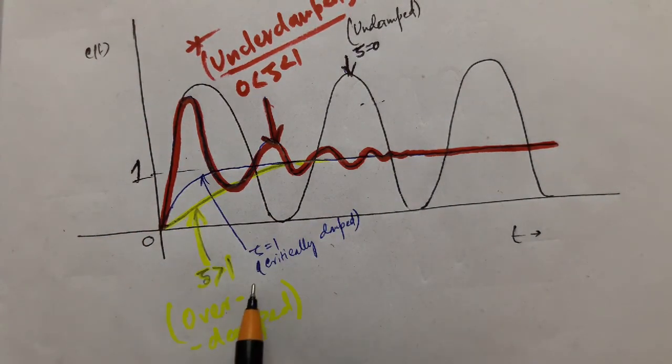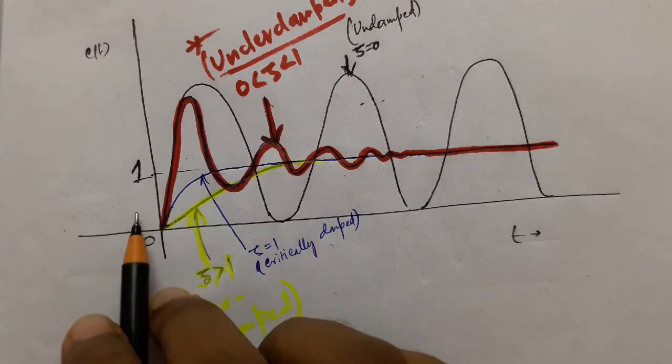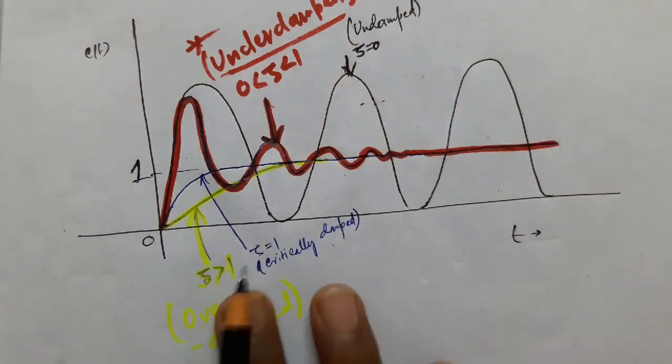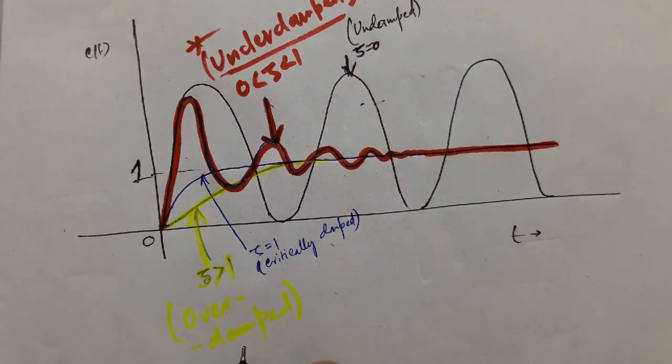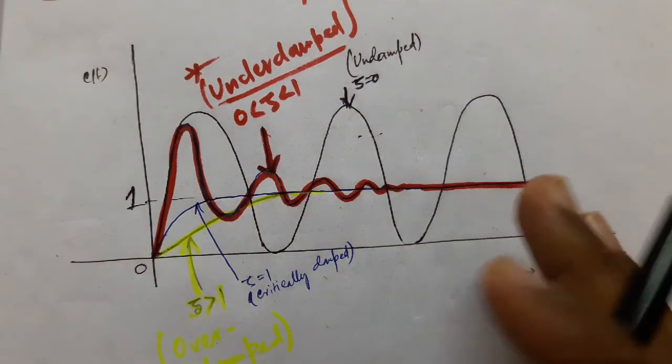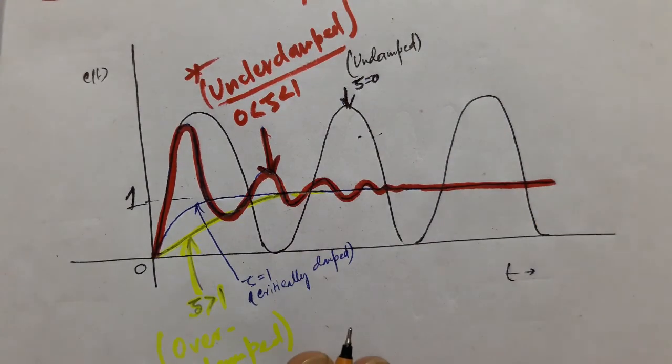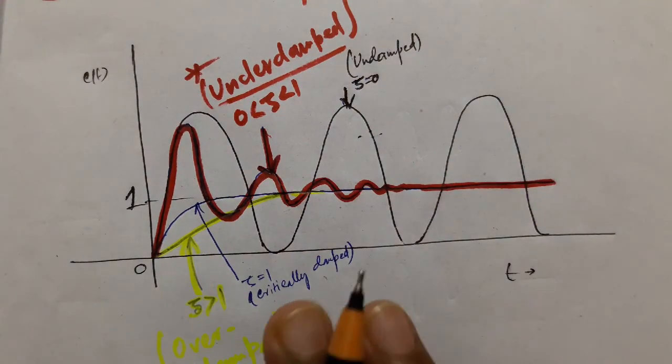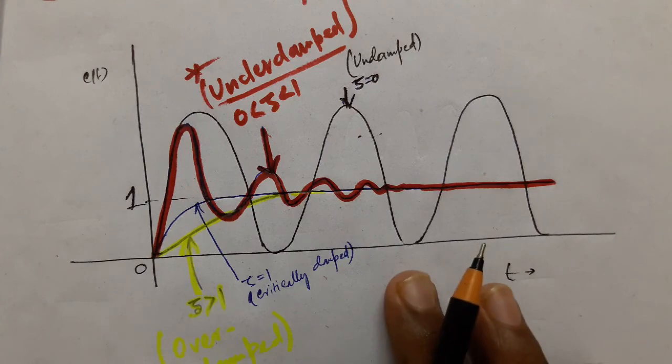And zeta equal to 1 is the critically damped condition. We have discussed this plot before, but I am taking the overall plot. It will be very helpful to understand or relate, or for the relative discussion.